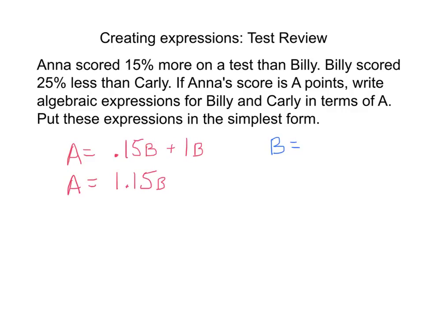That's 25% of Carly's. How would you make it 25% less? 75% of it. I like that idea. So let's go 0.75C. You could have said C minus 0.25C, right? Because C is Carly's score, then subtract 25% of her score from it, and that would be B. Or you can just jump right to 75%.